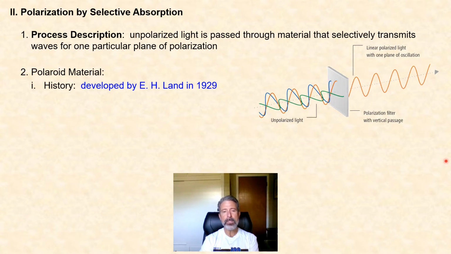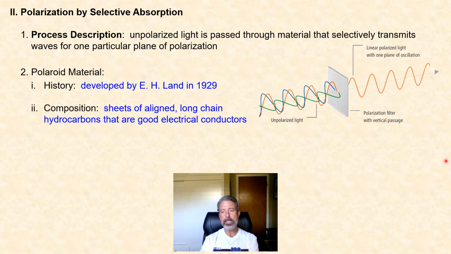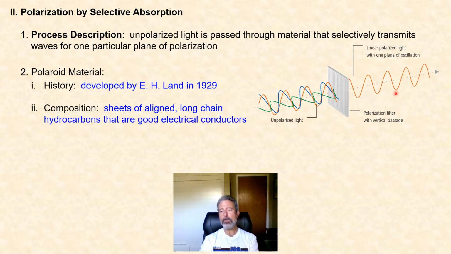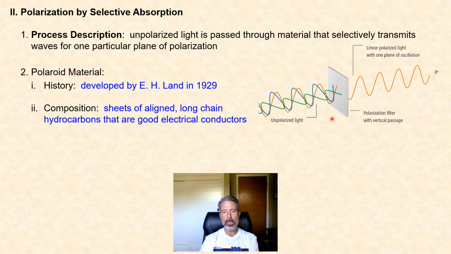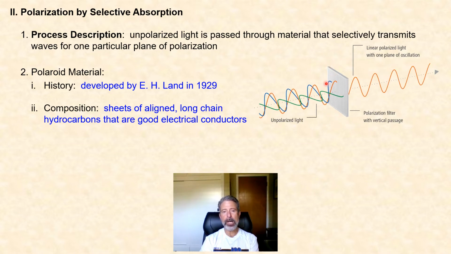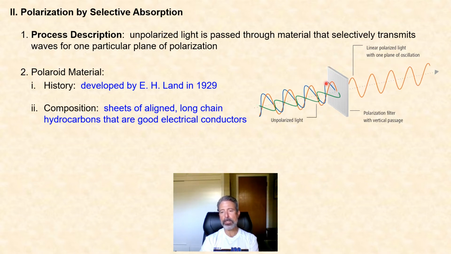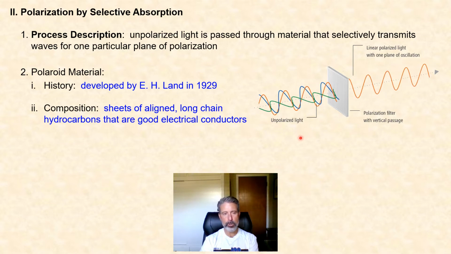So the Polaroid film, what makes it work is that these are sheets of aligned, all in a line, long chain hydrocarbons that are good electrical conductors.